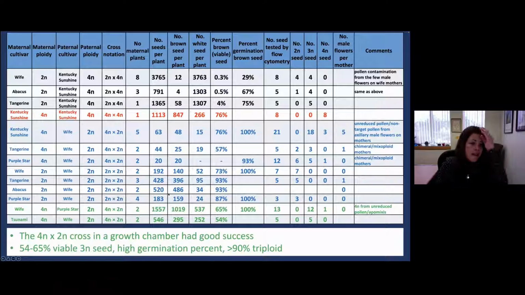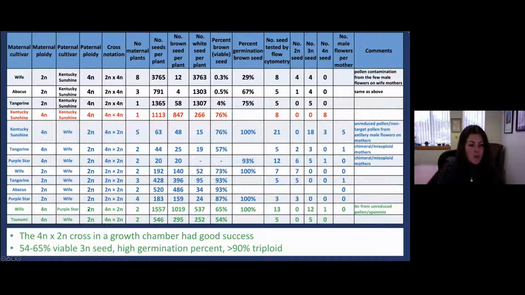All right, so then we're like, okay, this greenhouse is variable in its environmental conditions, especially in March and April, things get really hot. You have an overworked greenhouse crew. Plants maybe don't get watered when they need to get watered. So we tried the cross in a growth chamber and we had really good success. We took this wife tetraploid plant.